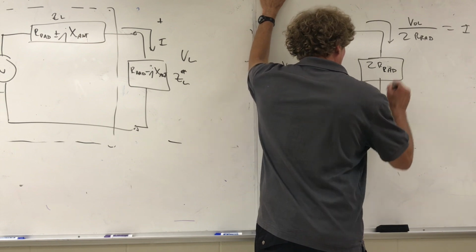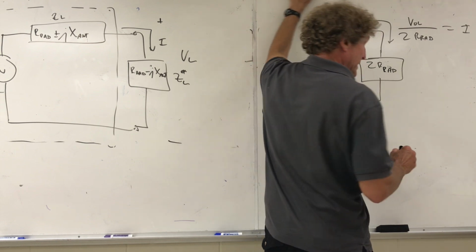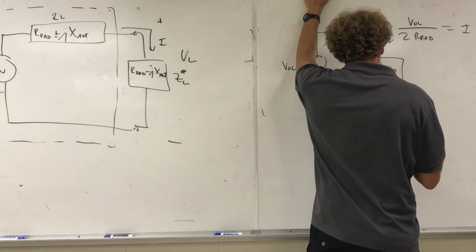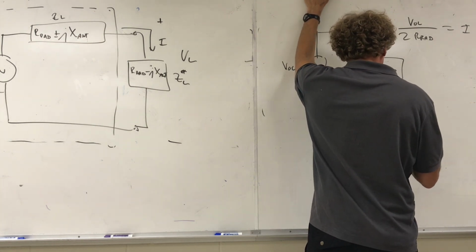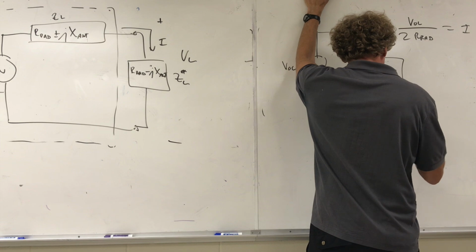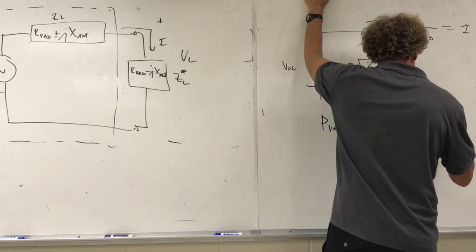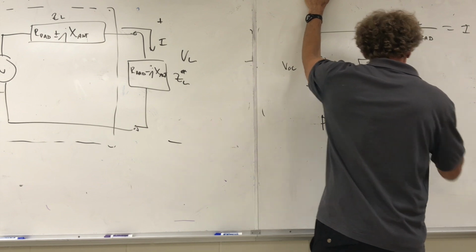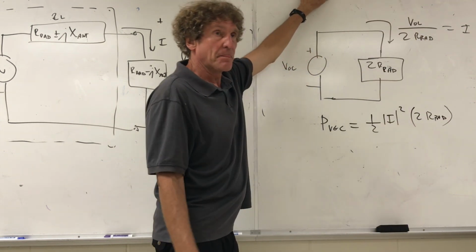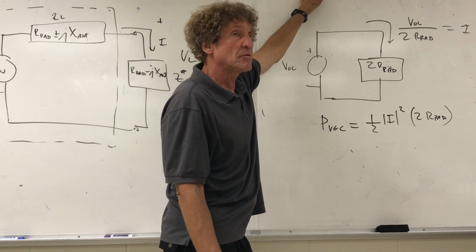That received power would be 1/2 times I squared, 2 times I squared, but then the resistance would be 2R rad. You follow me? That would be the total consumed power.